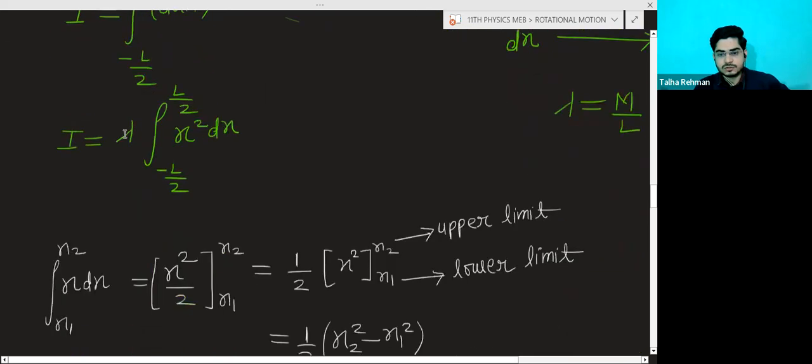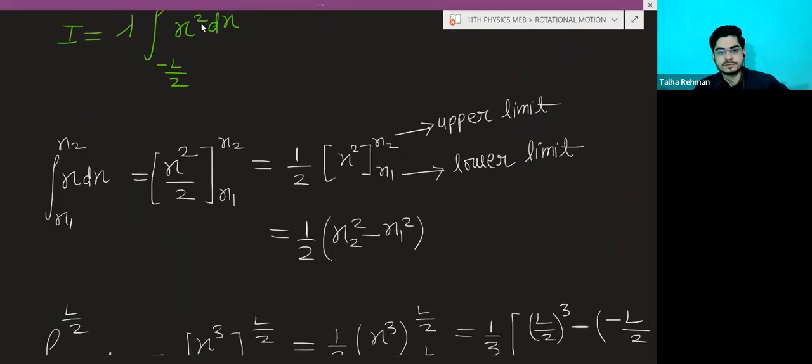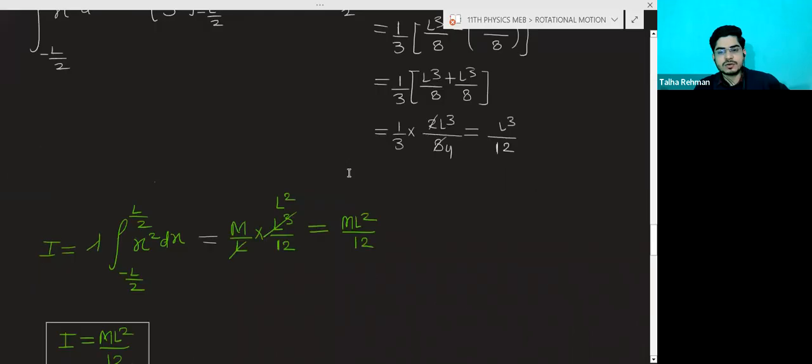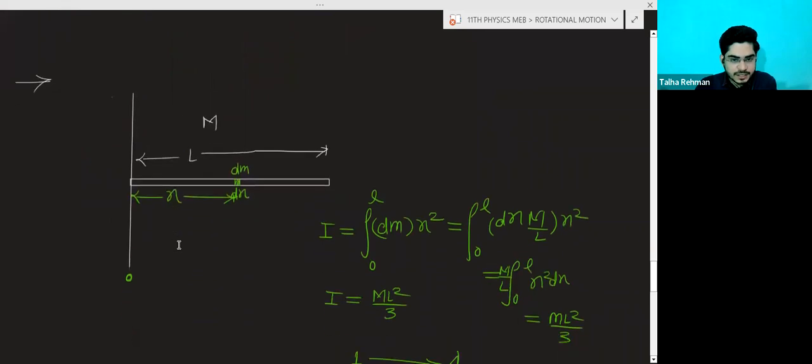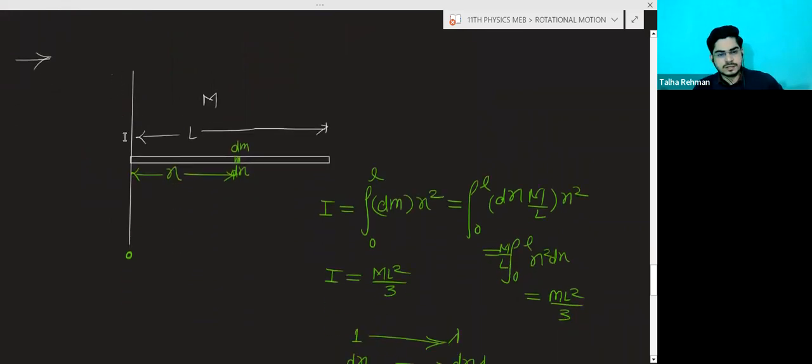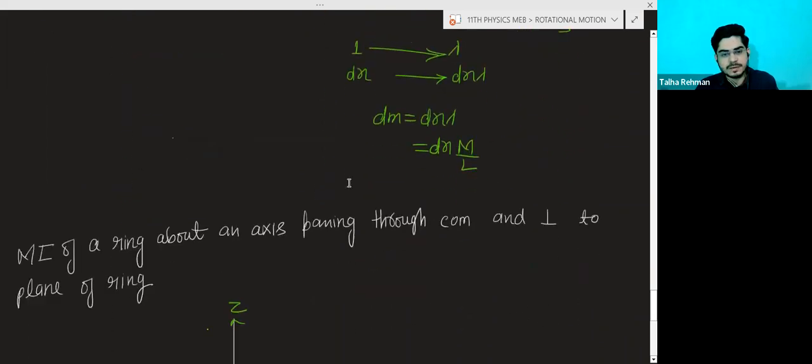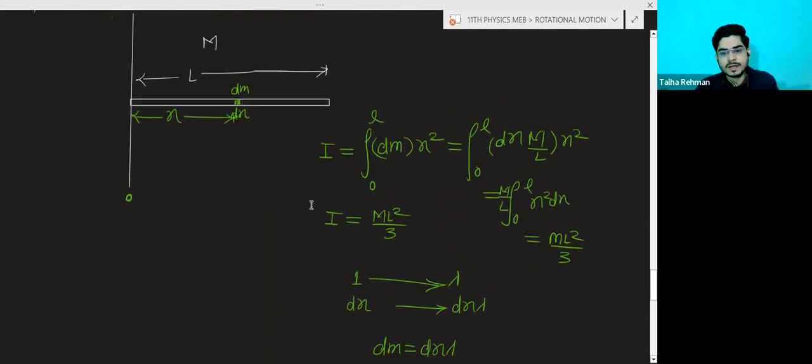You have to learn this directly. If you want to find the moment of inertia about the axis passing through the end of the rod and perpendicular to the rod, it will be ml square divided by 3. In the last, I will write down all the moments of inertia.